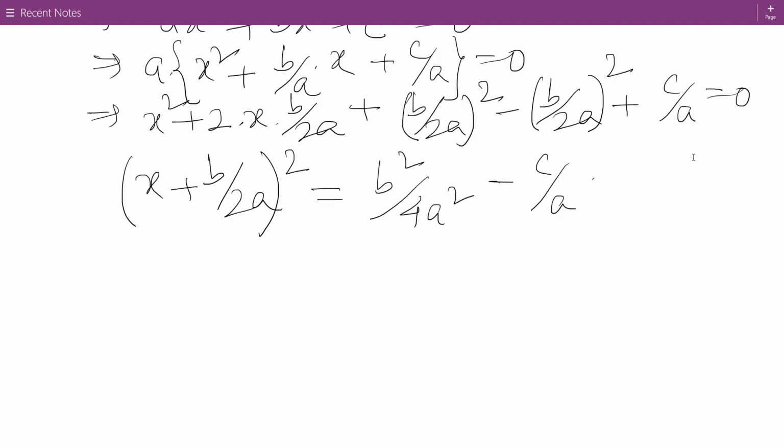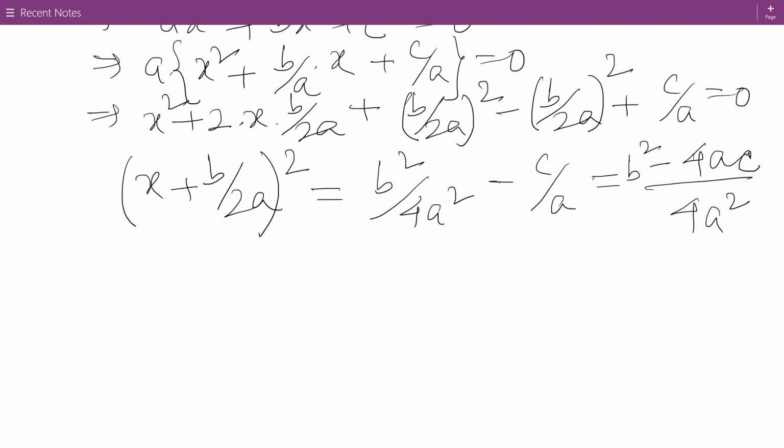Then you can write, with 4a square as the LCM, b square minus 4ac.